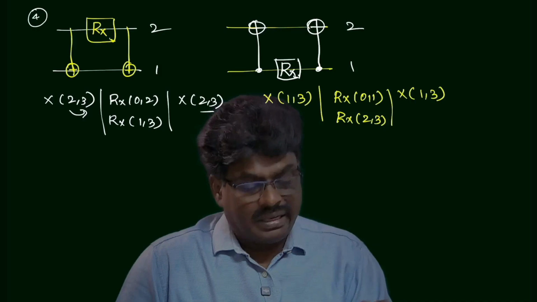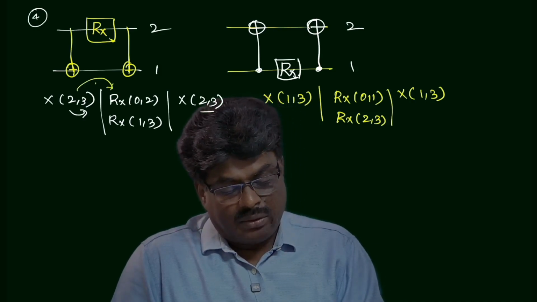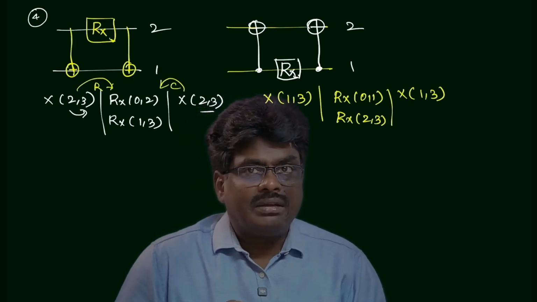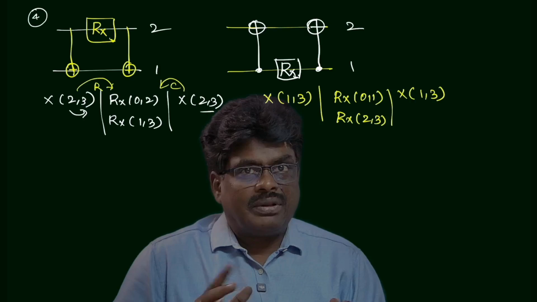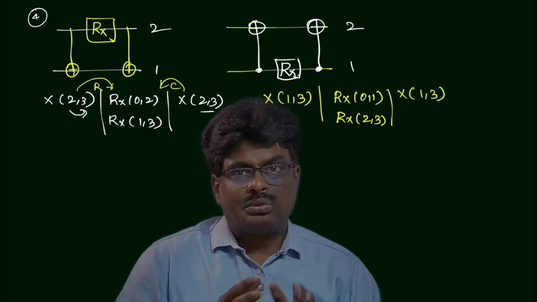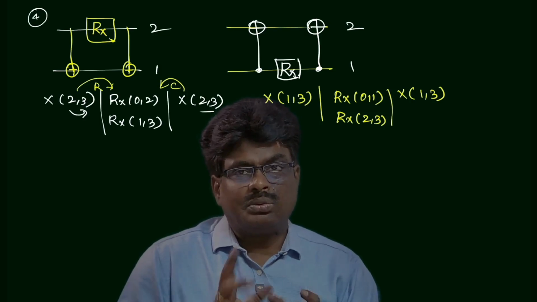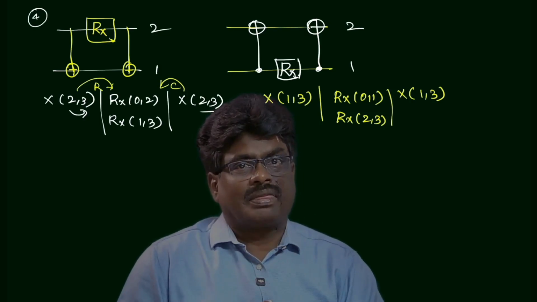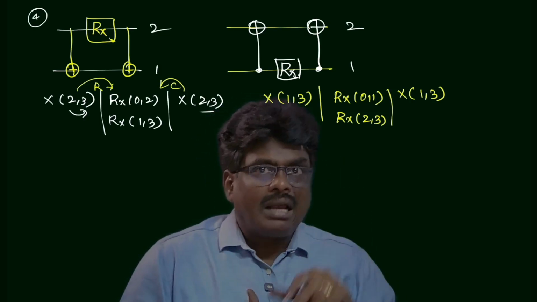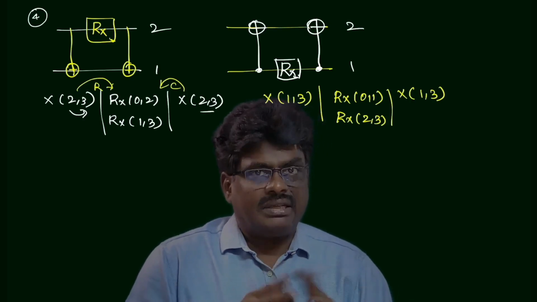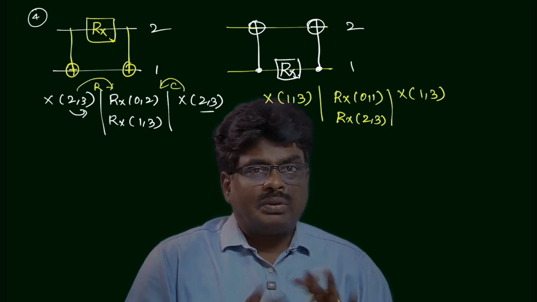So I told you already, this side rows will interchange and this side columns will interchange. So wherever you have 2 in the row, that means matrix element 2 2, 2 3, like that, will become 3 3, 3 2. So 2 and 3 will interchange.